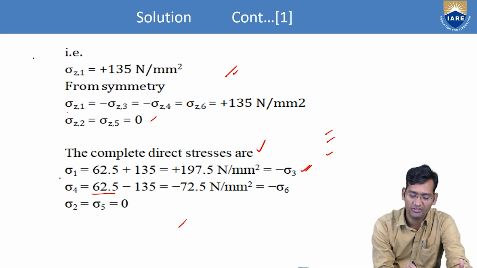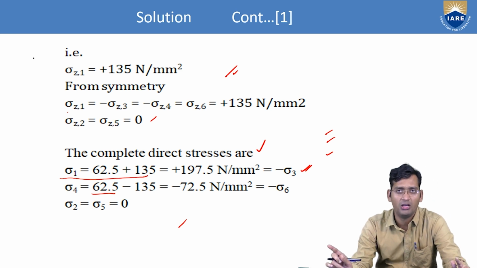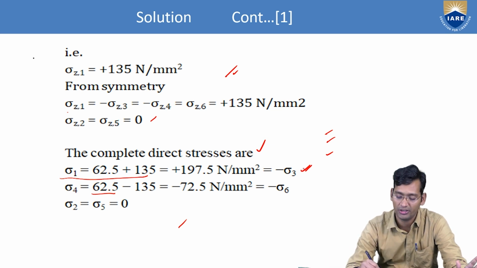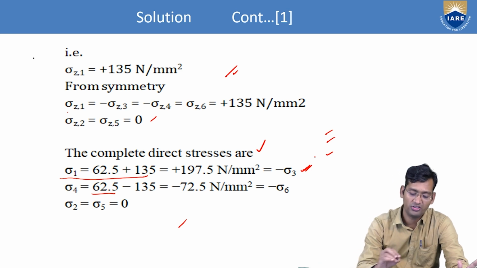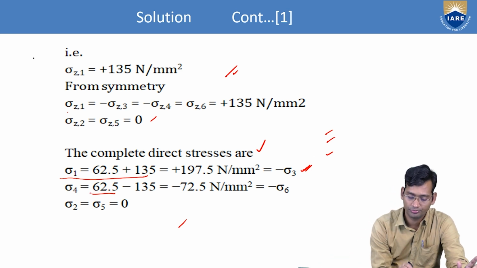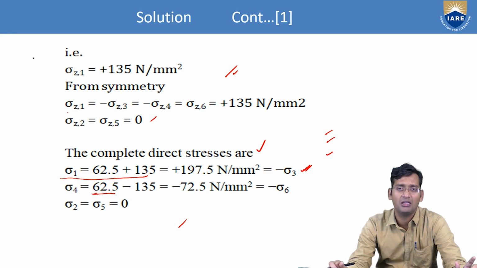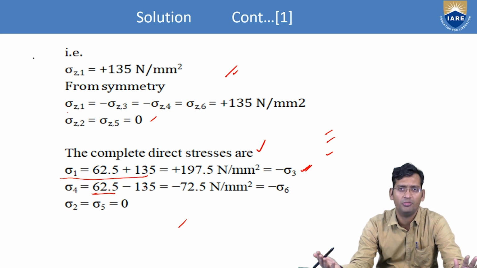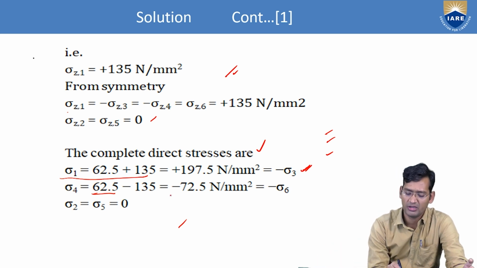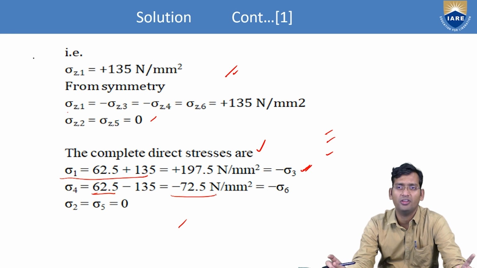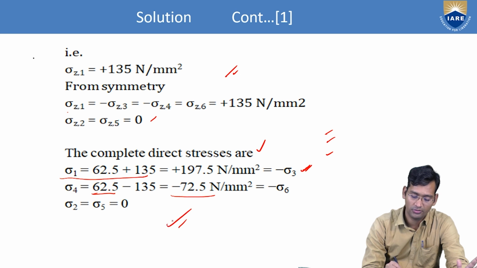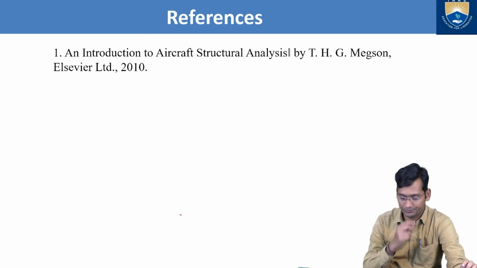After adding, sigma 1 will be sigma tau 1 plus sigma z1, so it's 62.5 plus 135, that is plus 197.5 Newton per mm square, that is equals to minus sigma 3. Sigma 4 is equals to sigma tau 1 minus sigma z1. So 62.5 minus, whatever is there with the plus value, just add, you have to both. So you will get minus 72.5 Newton per mm square, that is equals to sigma 6. Sigma 2 and sigma 5 is 0. So now this is the final answer.